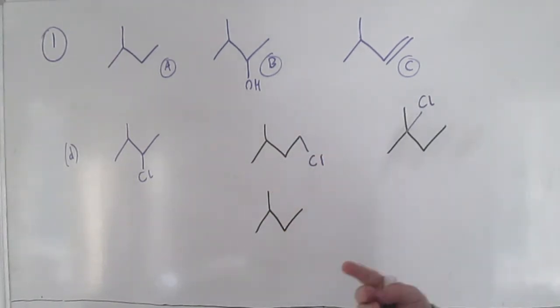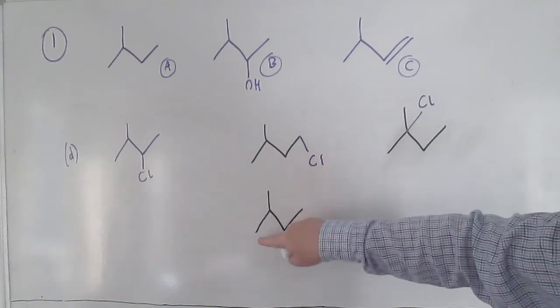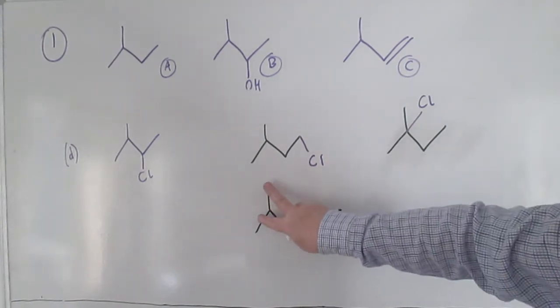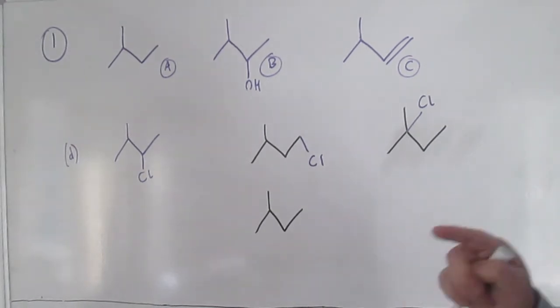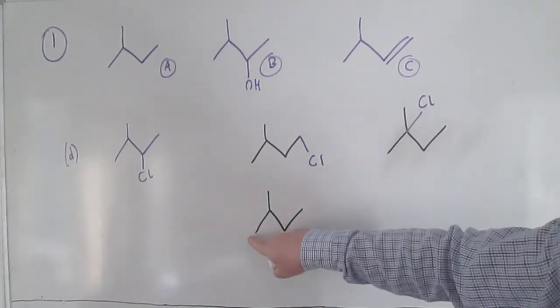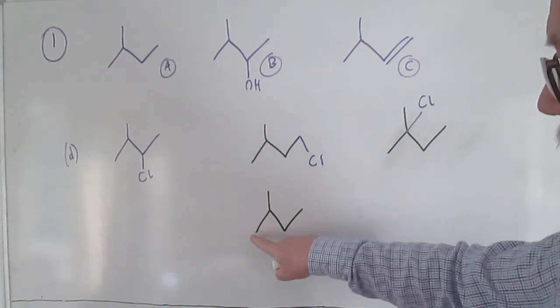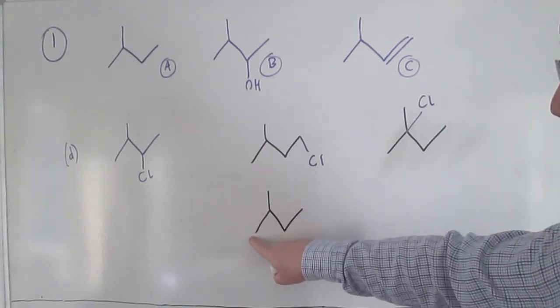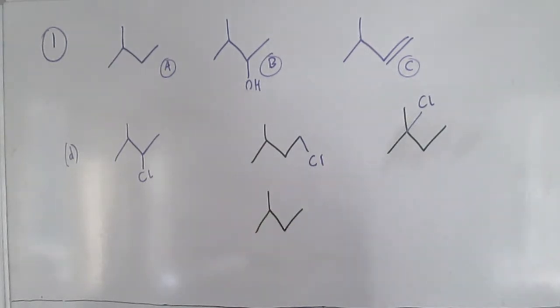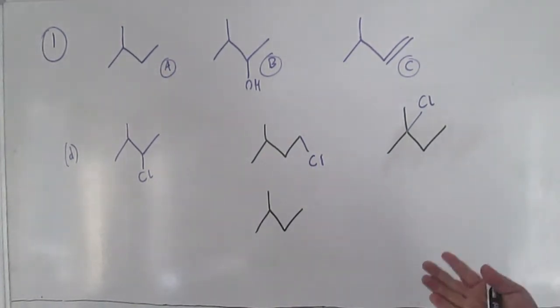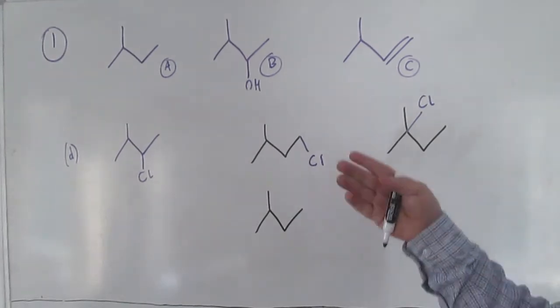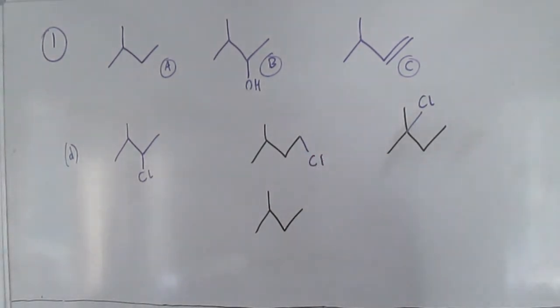It makes no difference to the structure, because these 2 methyl groups, as you rotate around this bond, are just going to interchange anyway. So that's the danger, that if you draw 2 more products, one with the chlorine substituted here and one with the chlorine substituted there, then it's clear to the person looking at it that you haven't understood that those are just 2 different ways of drawing the same thing.